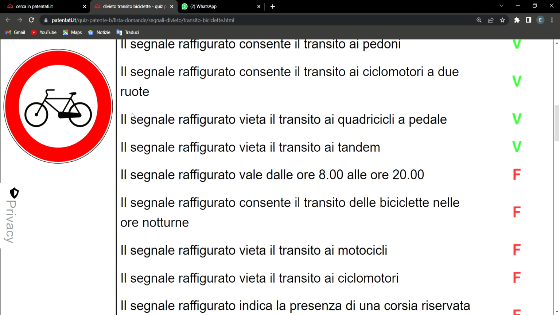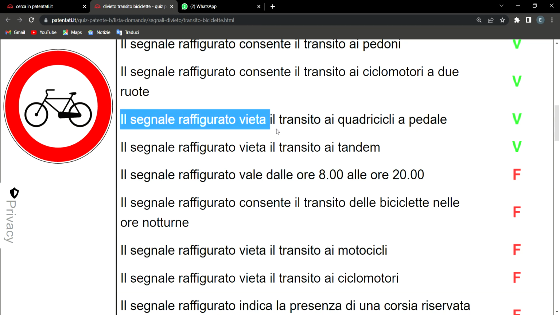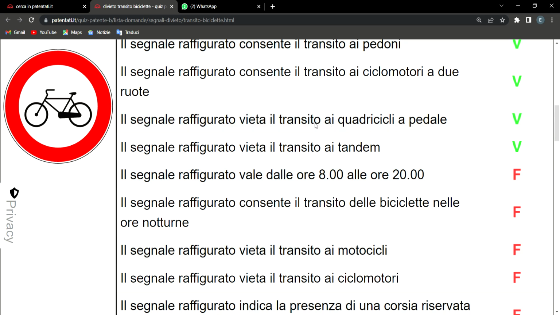So another one again, say il segnale raffigurato vieta il transito ai quadricicli a pedale. So he's saying that this very sign forbids the transit of quadricicli a pedale. So it's also a bicycle. It's a bicycle that has a very large space, and the number of tires in that bicycle is more than this very one.